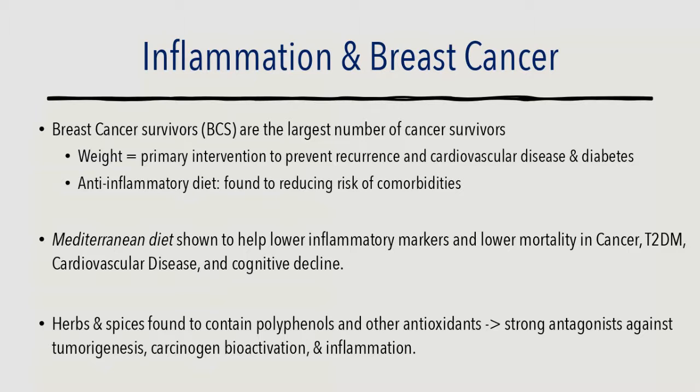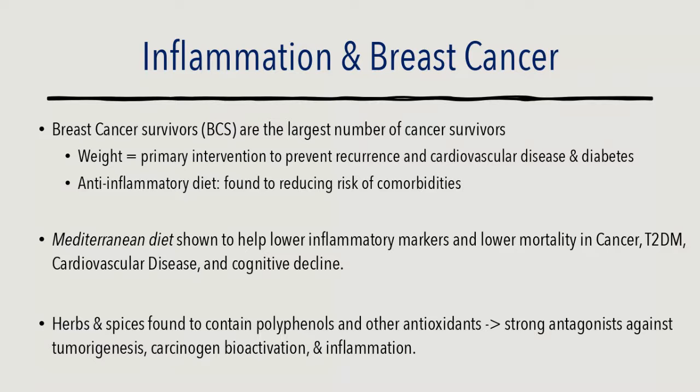Eating an anti-inflammatory diet can also reduce the risk of comorbidities as a result of cancer as well. So that's why they wanted to focus on the study of kind of seeing what the interaction of an anti-inflammatory diet is with cancer recurrence.